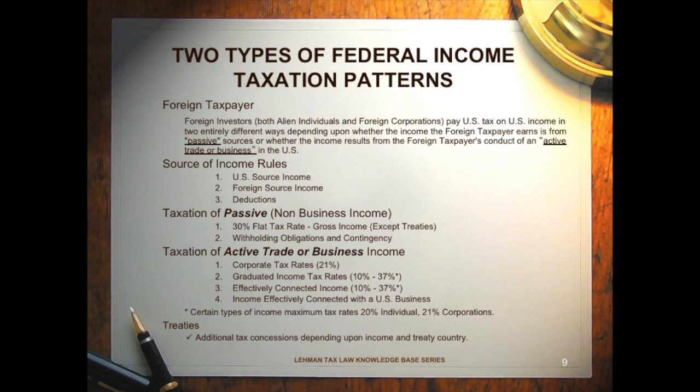It can be anywhere from 0 typically to 15%, because the treaties are set up to permit people from both countries to have an advantage when they come to each other's country as in the business world.